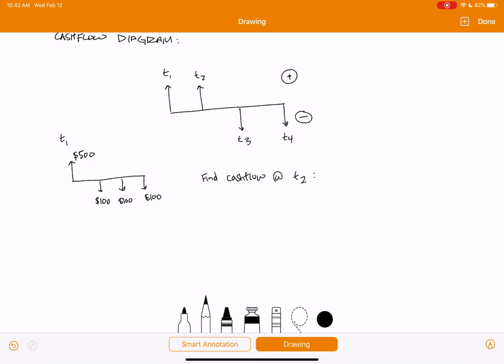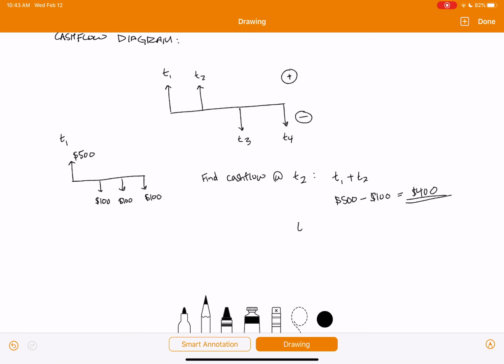We would just add up time period 1 and time period 2. But remember, time period 2 is negative, so we're going to have 500 minus 100, and that would be $400 positive for that particular cash flow.